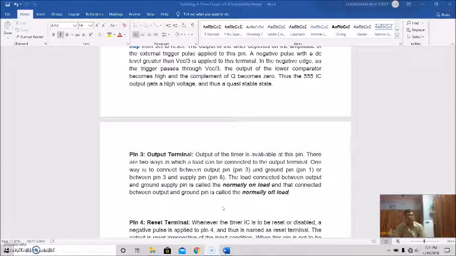One way is to connect between pin 3 and the ground pin, that is between pin 3 and pin 1, or between pin 3 and the supply pin, that is pin 8. So either between pin 3 and pin 1 or between pin 3 and pin 8. The load connected between output and supply pin is called the normally on load, and that connected between output and ground pin is called the normally off load.